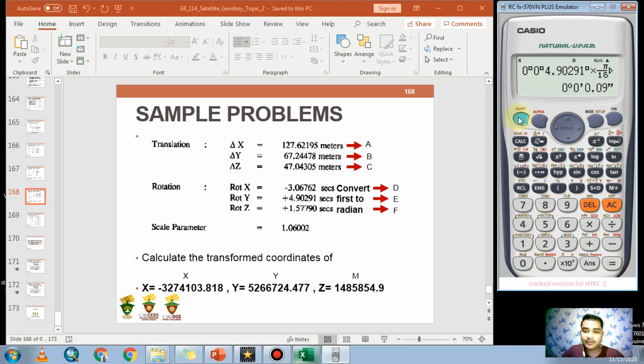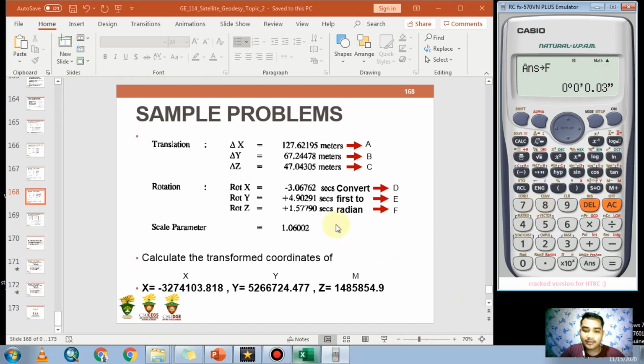Ato siyang i-store sa memory E. Now, for rotation Z, again, 0 degrees, 0 minutes, 1.57790 seconds times pi over 180 is equal to this one. Then ato din siyang i-store sa memory F.